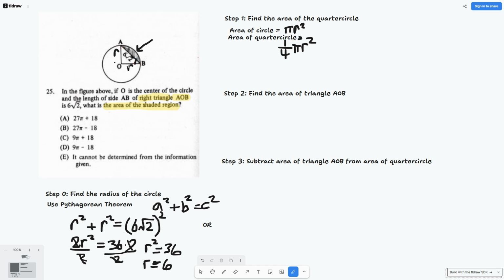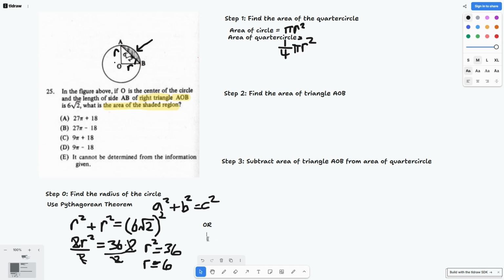And it also tells you that the length of the legs of this right triangle are going to be equal to the length of the hypotenuse divided by the square root of 2. The hypotenuse is 6 square root of 2. So in order to find the leg, knowing that we have that special right triangle, we just take 6 square root of 2 divided by the square root of 2, and we get the radius is equal to 6.